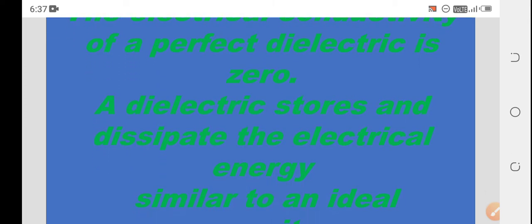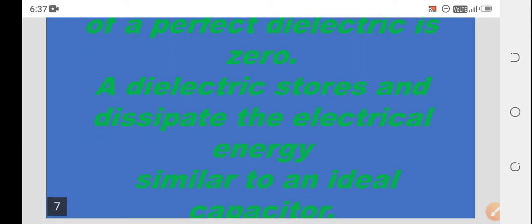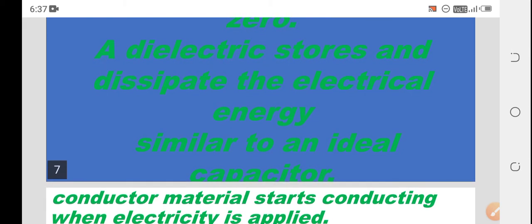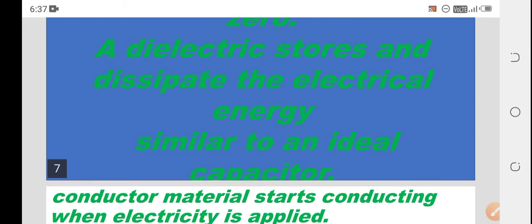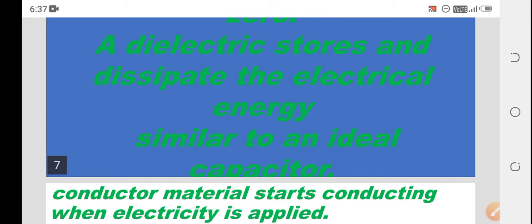A dielectric stores and dissipates electrical energy, similar to an ideal capacitor. The way an ideal capacitor stores and dissipates energy, in a similar way a dielectric stores and dissipates the energy.